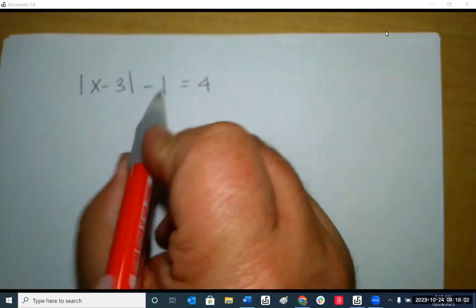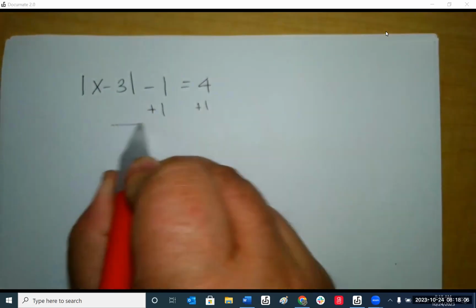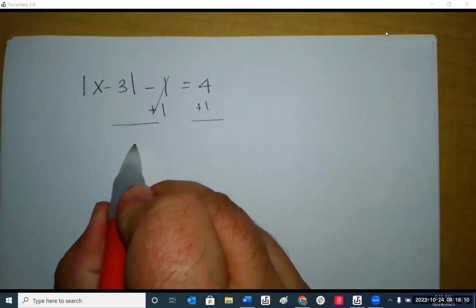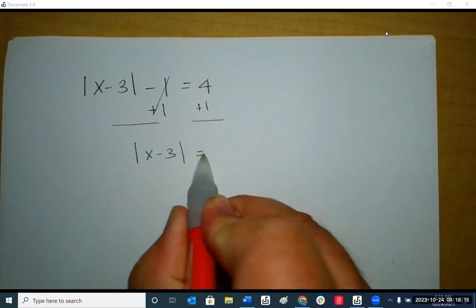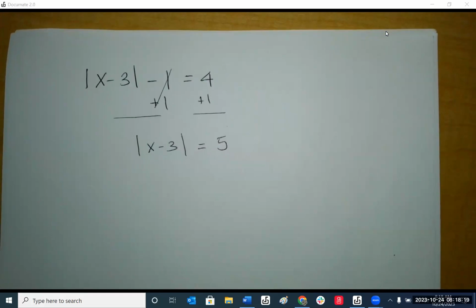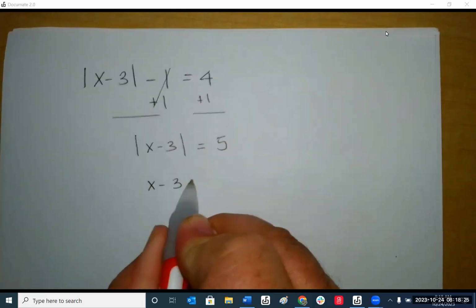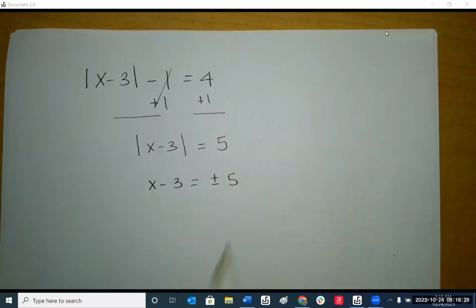Get rid of the -1. So we add 1 to both sides. 4 plus 1 is 5. All right, it's isolated. So when I drop the absolute value sign, I put a plus or minus in front of the answer.